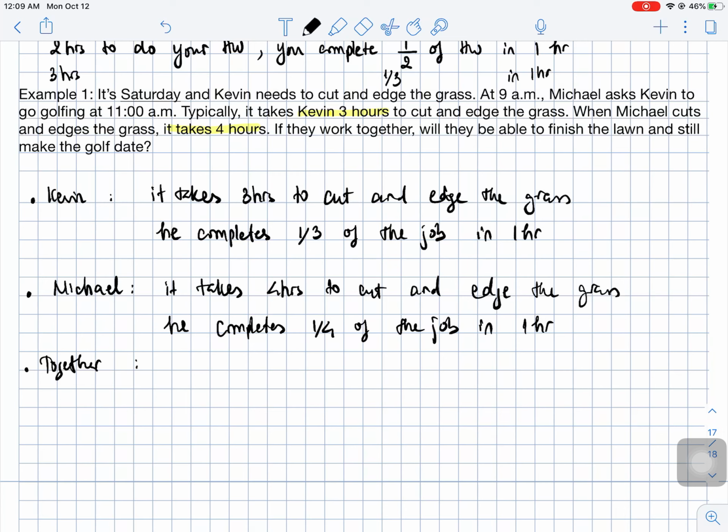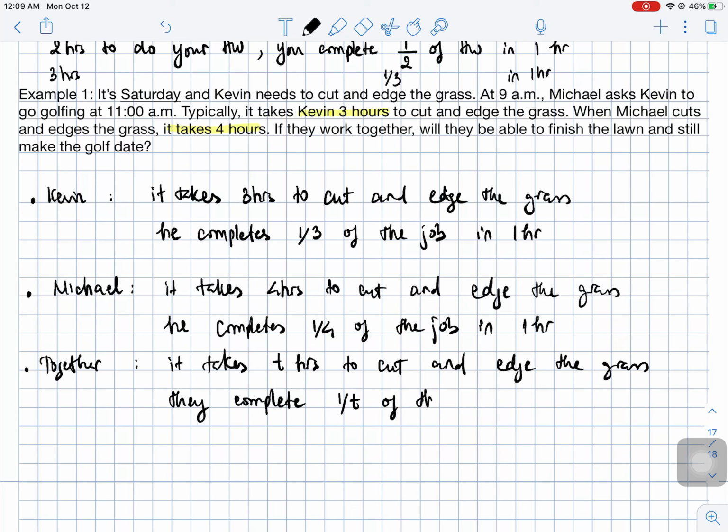What if they work together? Together, we don't know what time they will finish. How long does it take them to finish together? So we're going to call it T. We assume that it takes T hours to cut and edge the grass.